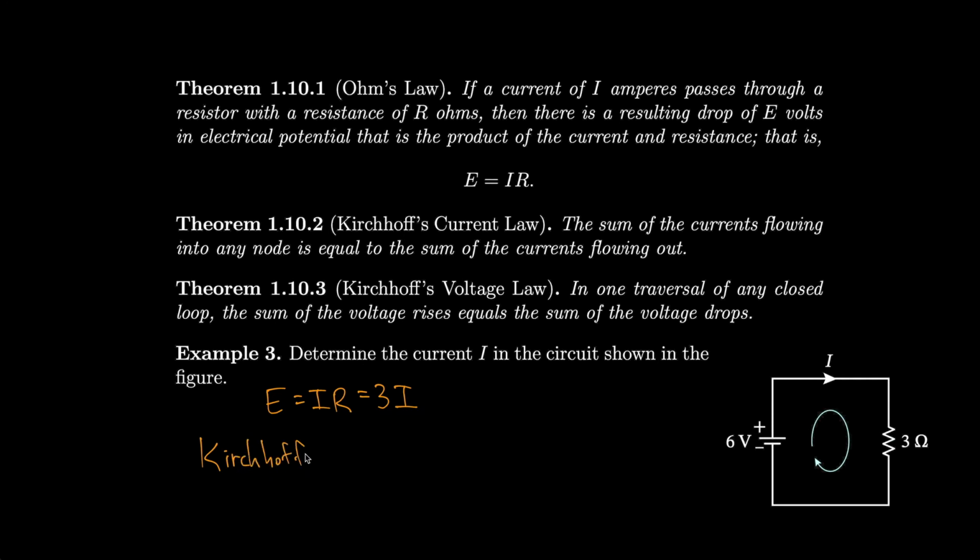Kirchhoff tells us that 3I must equal that 6, which means that I must be 2 amps. Notice I is positive, so we have the correct direction over here. The arrow is pointing in the correct direction.